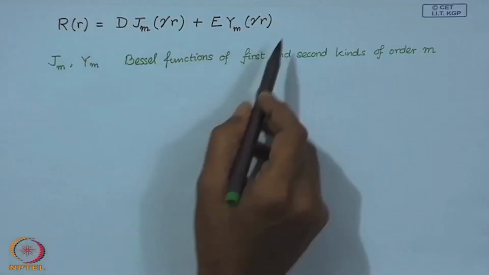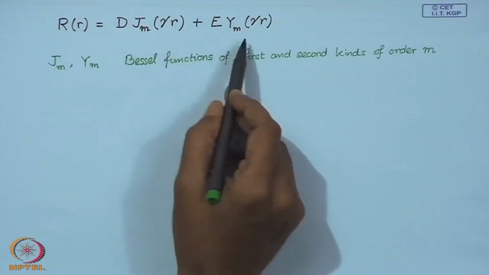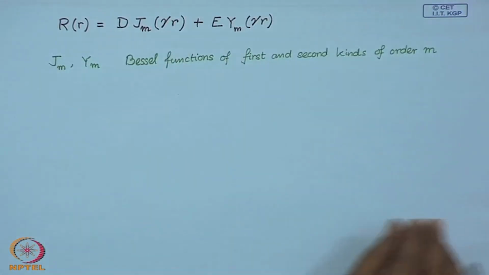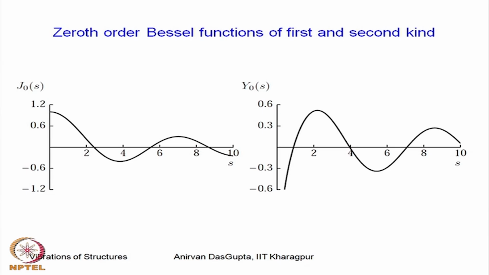Now, since we have the solution as a linear combination of these two functions, let us have a look to just have an idea of these functions. So, this figure shows the Bessel function of first kind. Here I have plotted only the 0th order Bessel functions, J 0 and Y 0, as a function of this argument s.